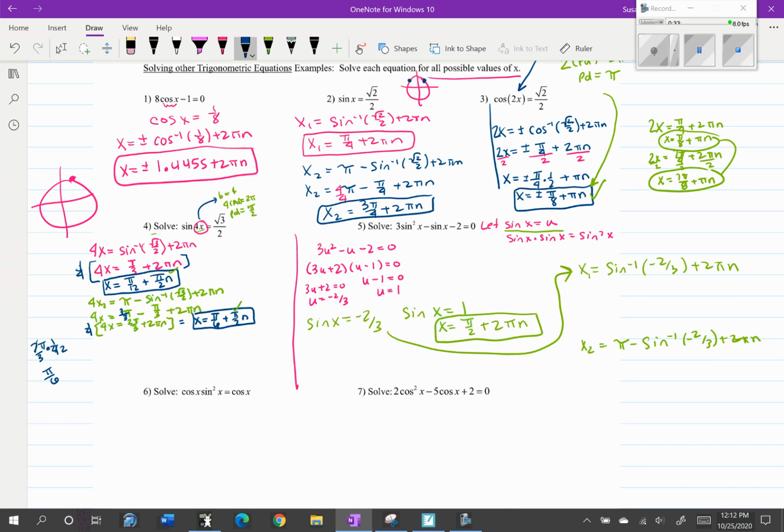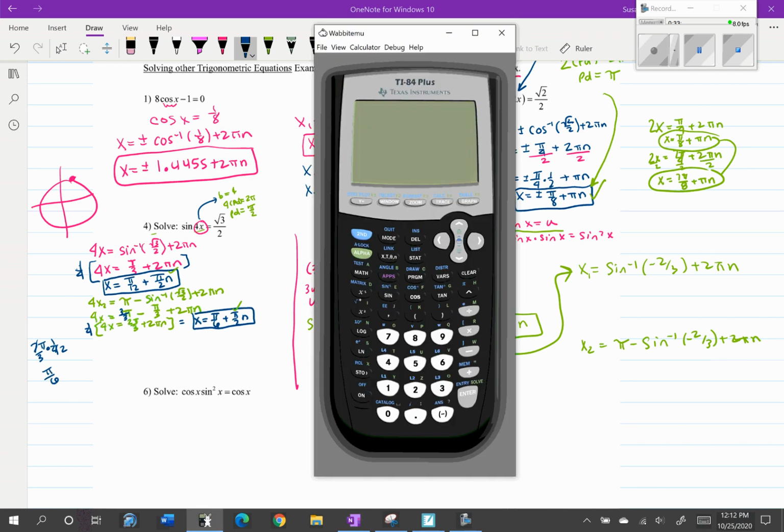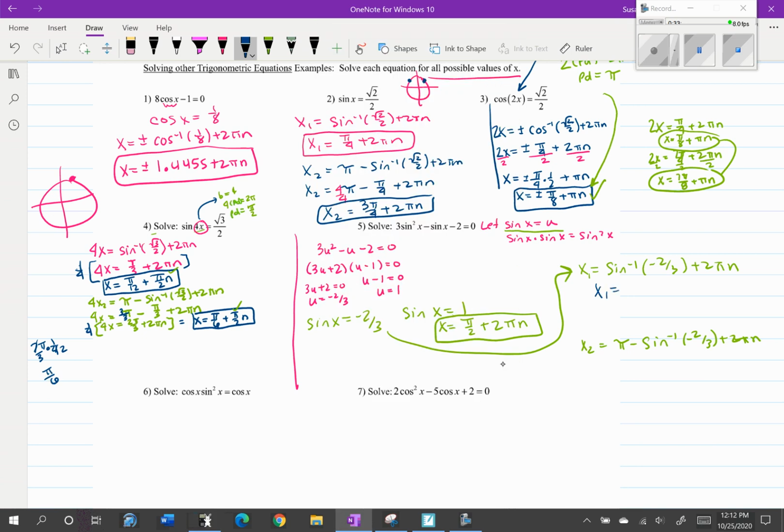So because this is not on our unit circle, we're going to just plug this into our calculator. So if you plug this into your calculator, we have the sine inverse of negative 2/3. Again, make sure you're in radian mode. And when you do that, you get this solution, negative 0.7297. So x1 is equal to negative 0.7297 plus 2 pi n.